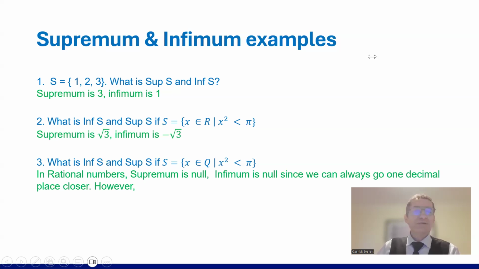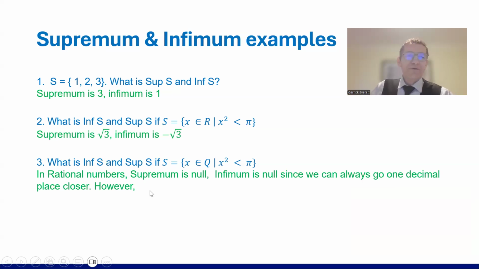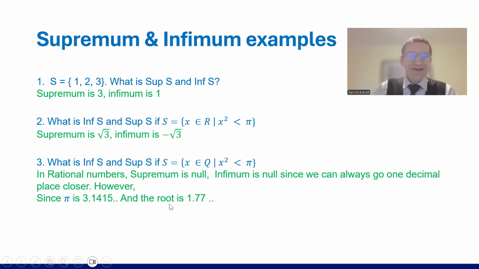I'm going to move my image out of the way because we're going to get some stuff down here. However, since pi is 3.1415, the root, if you do the square root of 3.1415, you end up with 1.77 and some more digits. The root is that, so we'll just stick to 1.77.